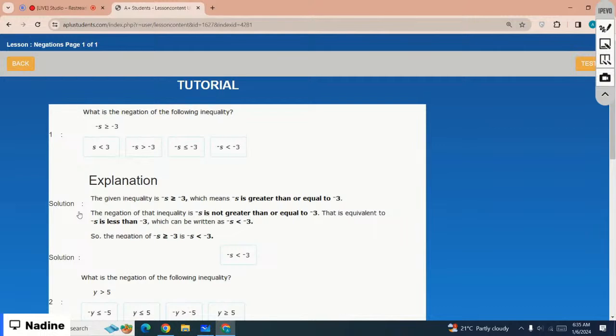That is, negative s is greater than or equal to negative 3. So the negation of the inequality is negative s is not greater than. You just have to put not in the inequality, right? Negation means you need to put not, right? So that is negative s is less than negative 3.